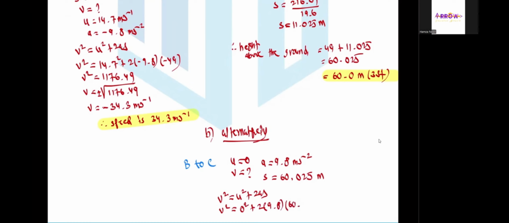Displacement is 60.025. So if you put this in your calculator, what is the value? The same value of v square. v square is equal to 1176.49.